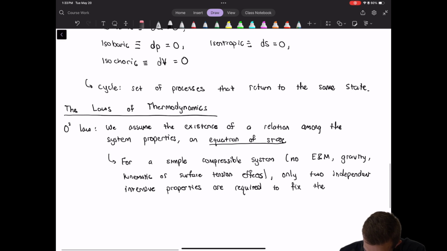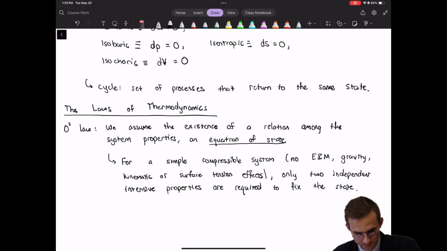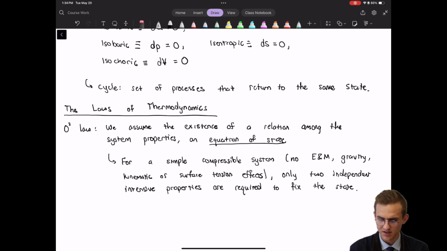It's important that they're intensive. Now, you actually may have heard this before. I remember the first time I heard this, it was almost given as a maxim, where they didn't add all these caveats about it being a simple compressible system. They just said all you need to fix the system is two independent intensive properties.